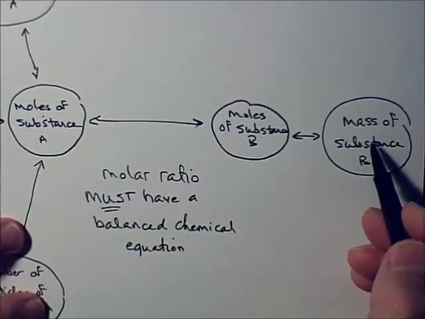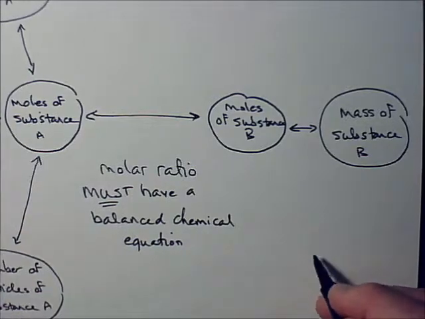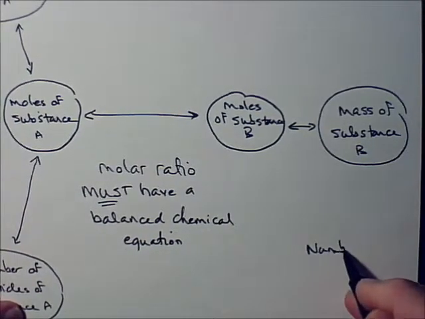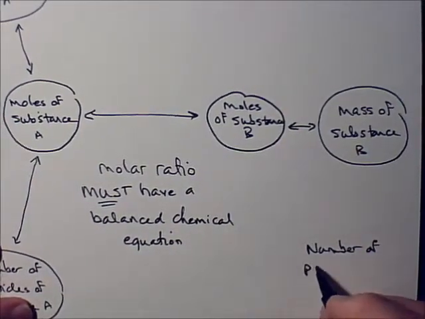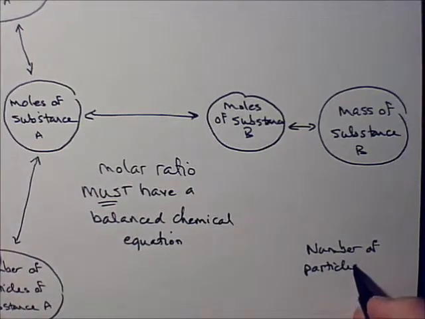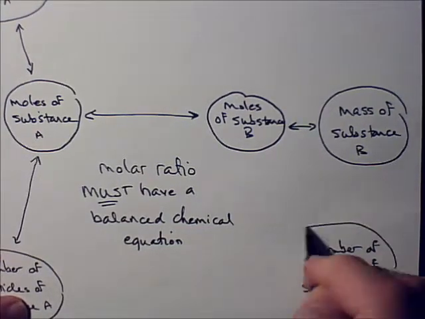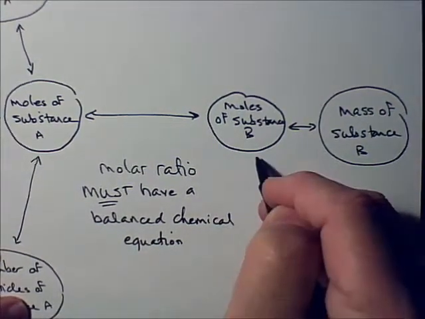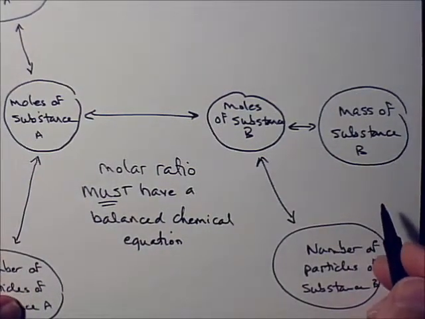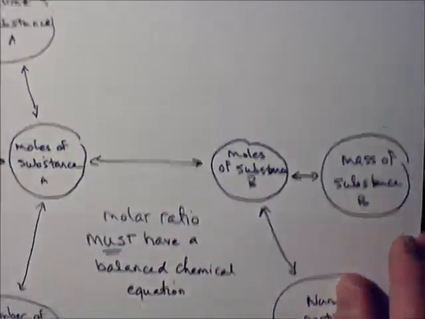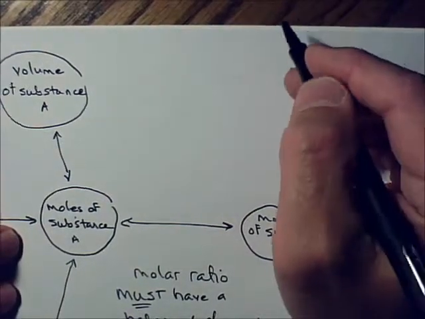Here you need a conversion unit. We can also find the number of particles. And if that substance happens to be in gaseous form, we can find the volume of the substance.